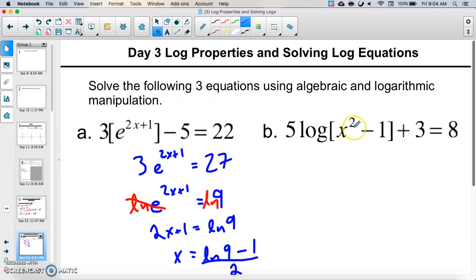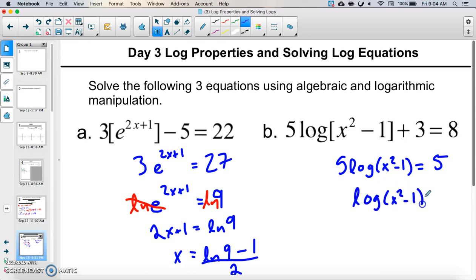For the other problem, I would usually have you do this on your own, but since I'm videoing, I'll just do it with you. So you'd subtract 3 and divide by 5. So subtract 3, you'll get 5 log of x squared minus 1 equals 5. Divide by 5, so we'll have log of x squared minus 1 equals 1. We know that invisible base is 10.